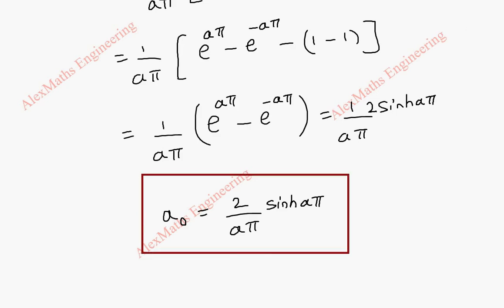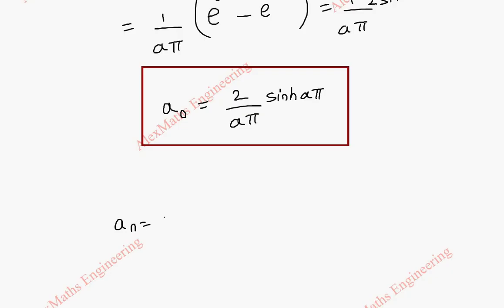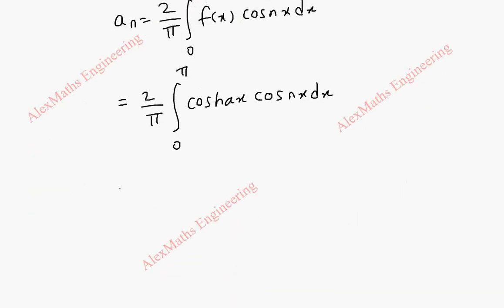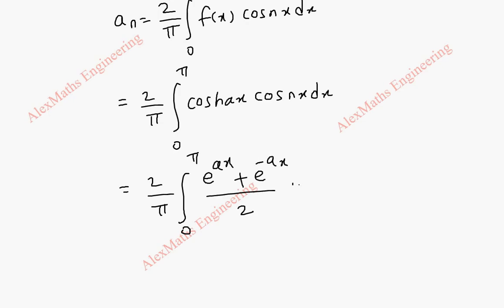Now a n by the formula is 2 by pi integral 0 to pi f of x into cos nx dx. f of x we are going to replace. So 2 by pi integral 0 to pi cosh ax into cos nx dx, and again cosh ax we are going to replace with e power ax plus e power minus ax by 2 into cos nx dx.